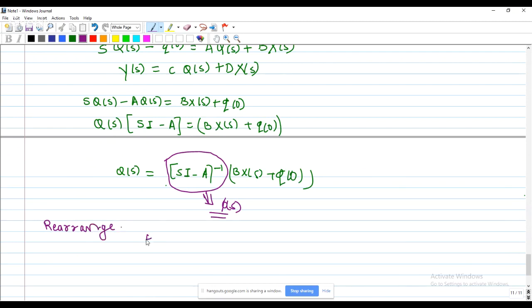You get H of s equals C phi of s into B plus D. So now, if anybody gives me B, C, D, and phi, I can calculate and give them H of s, that is the transfer function, using the state space model. This is what the basic fundamental of a state space model is all about. I hope everyone understood what I have done just now.